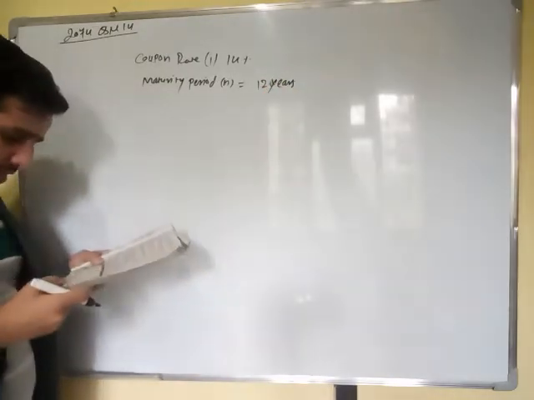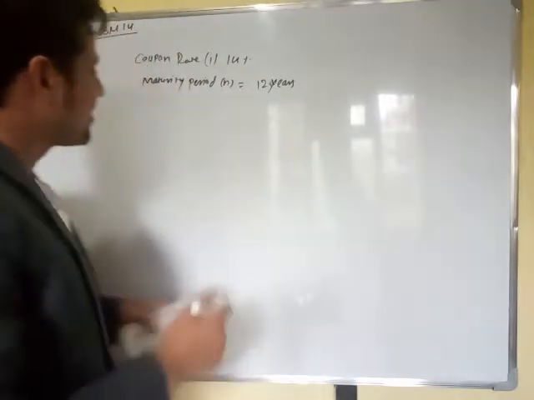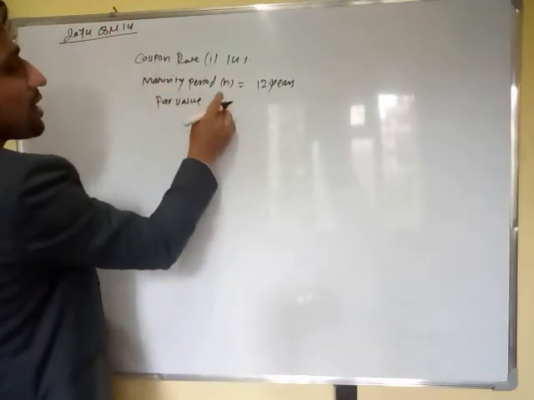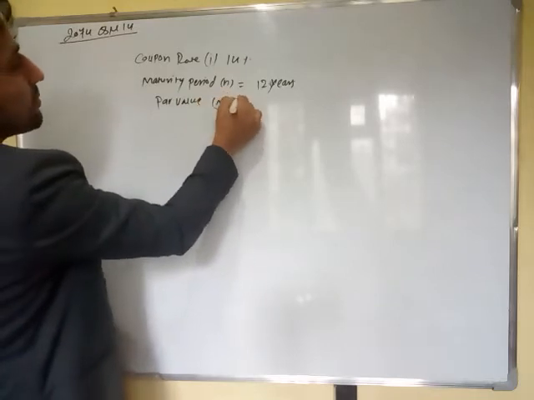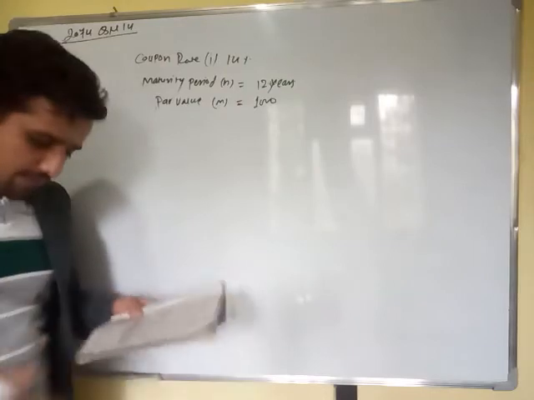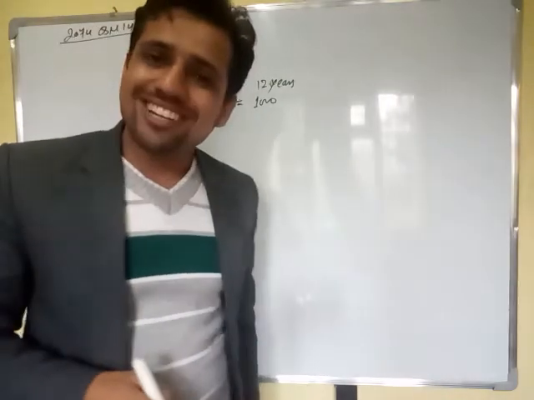Next, the par value is Rs 1000. Par value we can call M, is 1000. Next, the market interest rate is 10%.